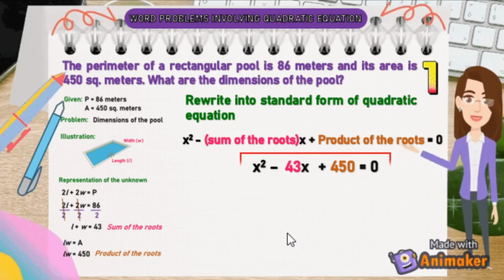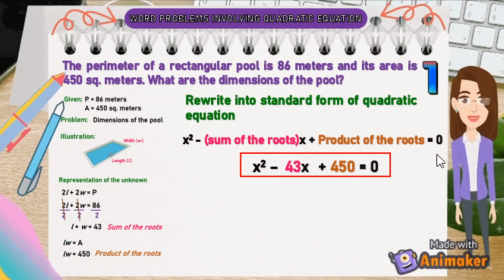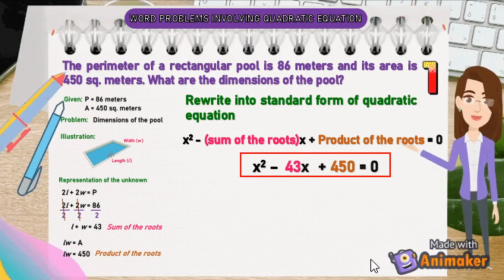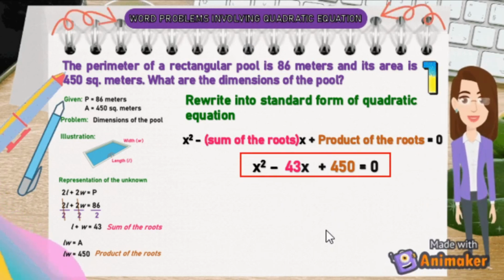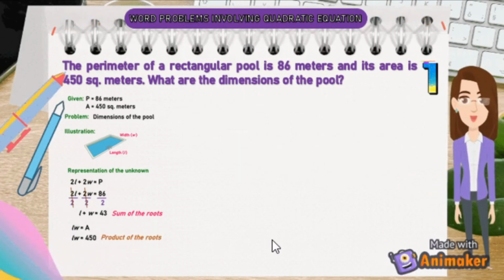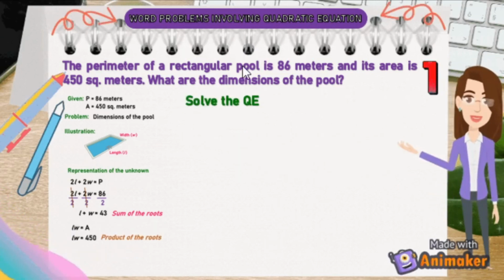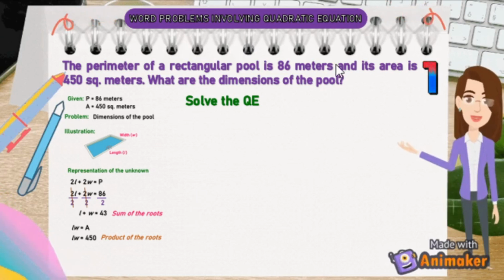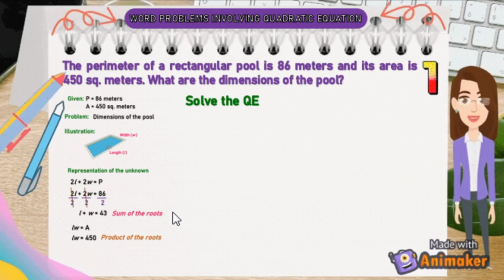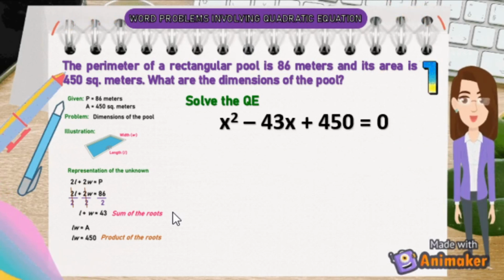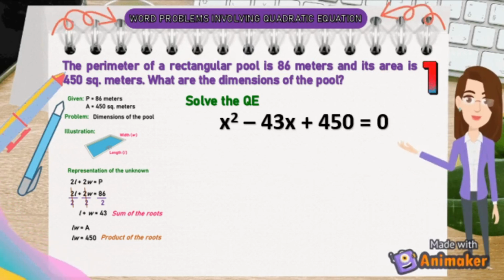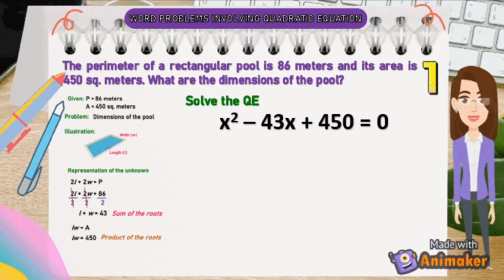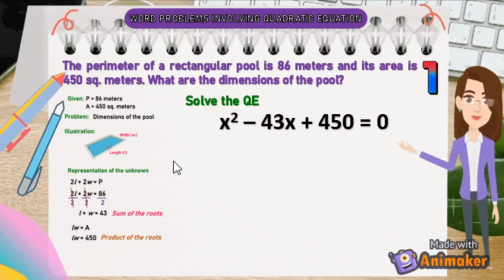So, x squared minus 43x plus 450 is equal to 0 is our obtained quadratic equation. Now, let us solve the quadratic equation or let us find the solution that will satisfy our problem. So, x squared minus 43x plus 450 is equal to 0 is factorable. So, pwede natin siyang i-factor out.